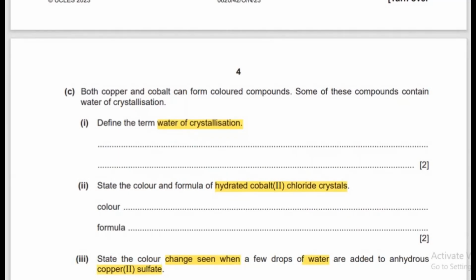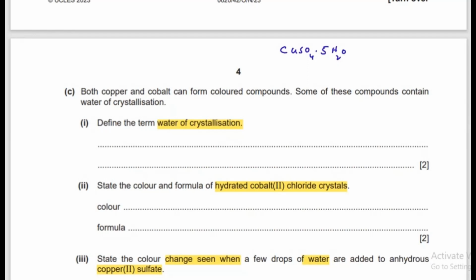Both copper and cobalt can form colored compounds. This is another property. Some of these compounds contain water of crystallization. Define the term water of crystallization. Generally in your syllabus, if we write hydrated compounds like copper sulfate dot 5H2O, this compound is a hydrated compound, and these water molecules are water of crystallization.